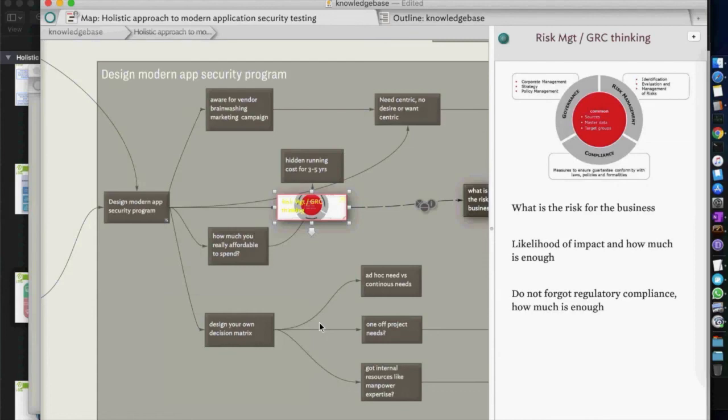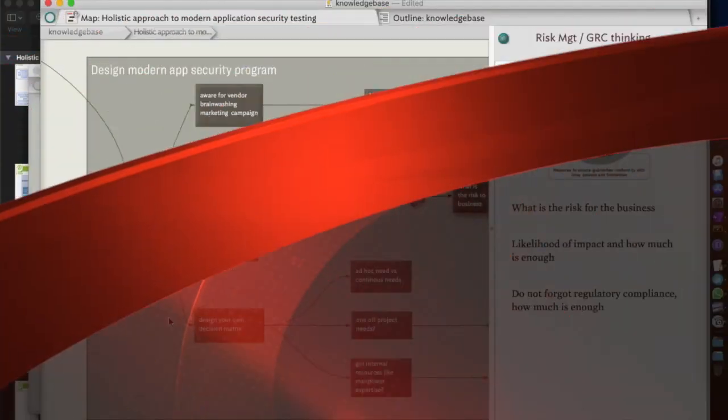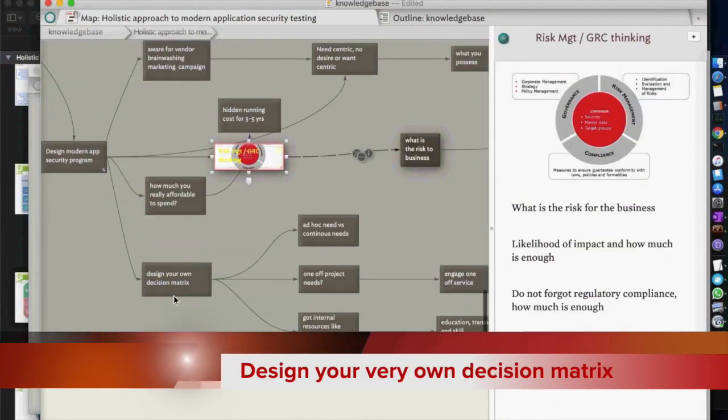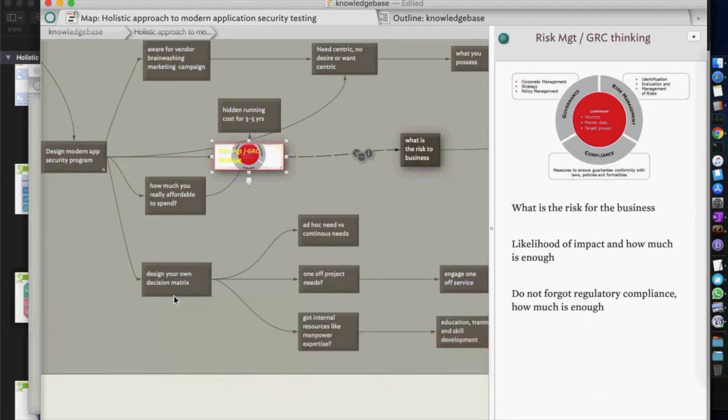So you must think with GRC and risk management thinking, that it is business driven. When you design your own decision matrix, you may just use a piece of paper and make a cross matrix, dividing what really matters to help sort things out. For example, is it an ad hoc need or a continuous need for scanning?